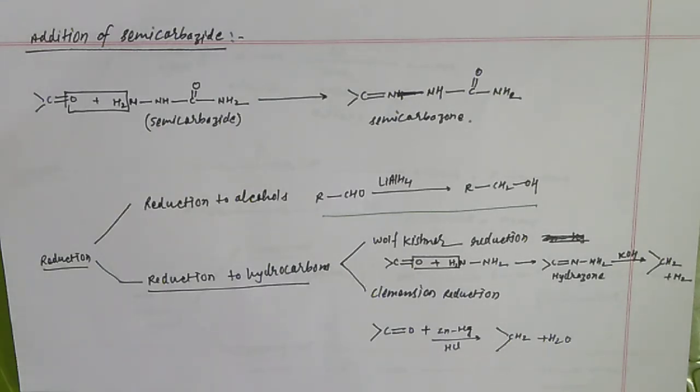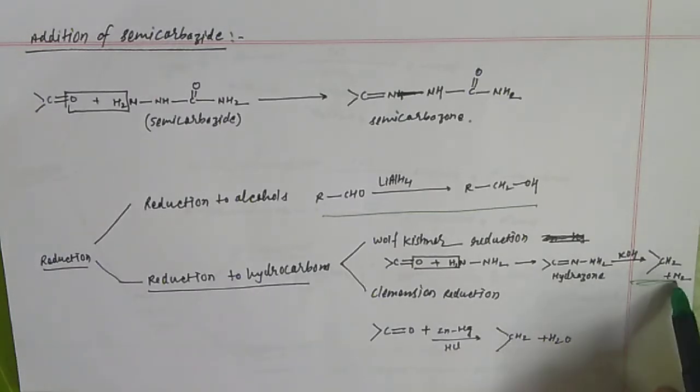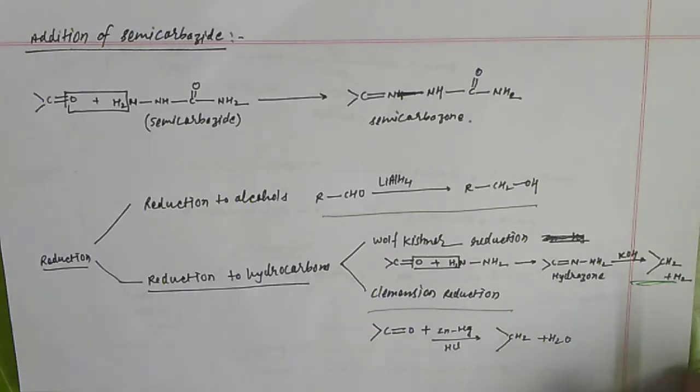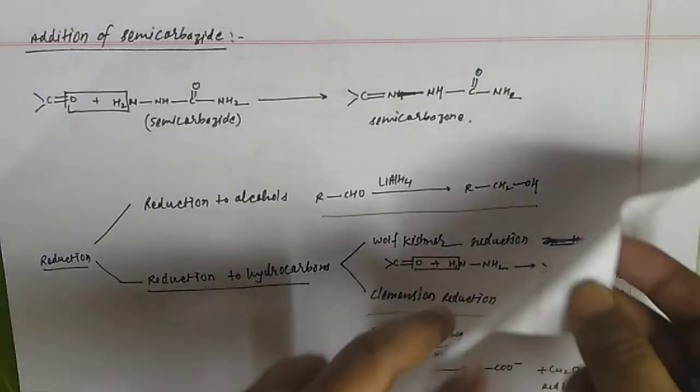When you treat the carbonyl compound with hydrazine, it directly gives the hydrocarbon. In the case of Clemmensen reduction, when you treat the carbonyl compound with zinc amalgam, it will also give the alkane, that is, the hydrocarbon.